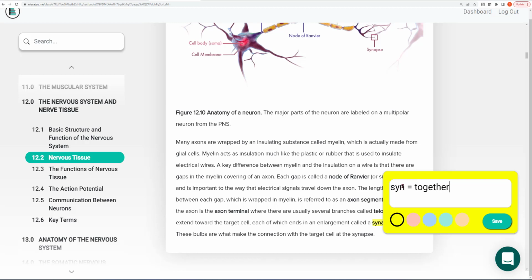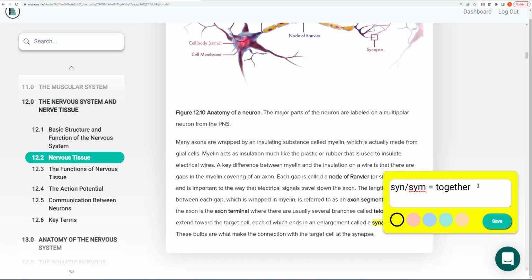So sim, or I should say syn, both mean together. Like the pubic symphysis where the two pubic bones come together. Or you go to the symphony to hear the phonies come together, right?